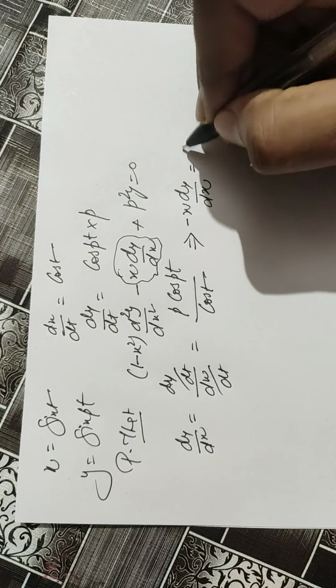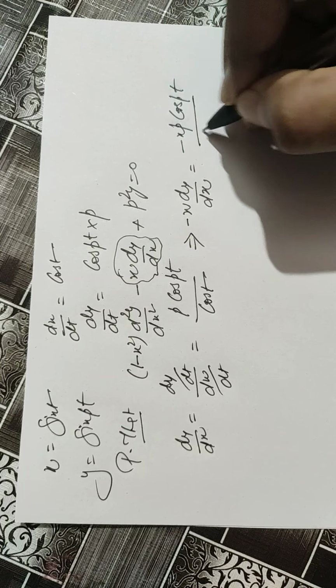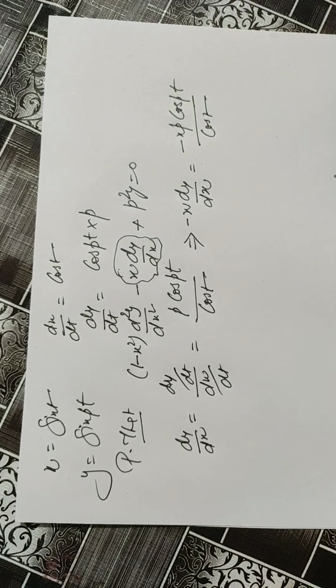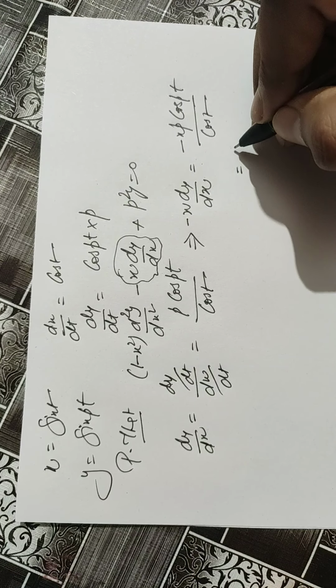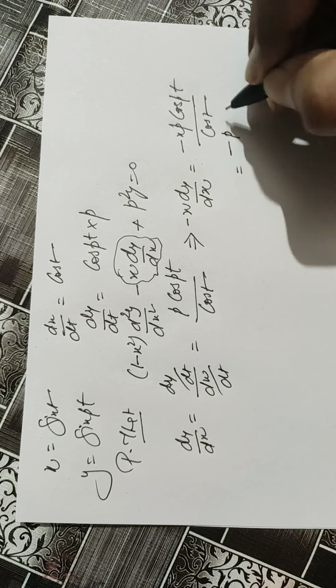So it becomes minus x cos of pt with p divided by cos t. We are replacing the value of x: minus p sin t cos pt by cos t. This is the second term of the proof requirement.